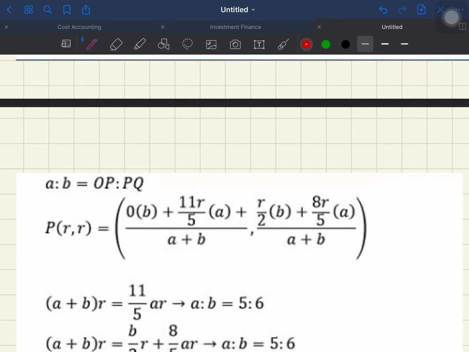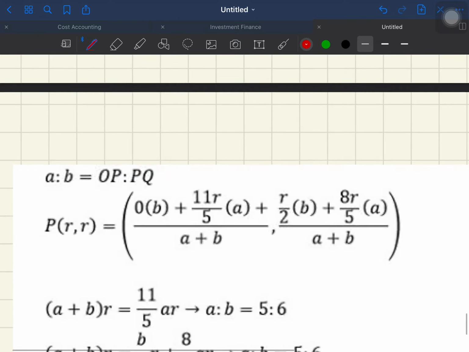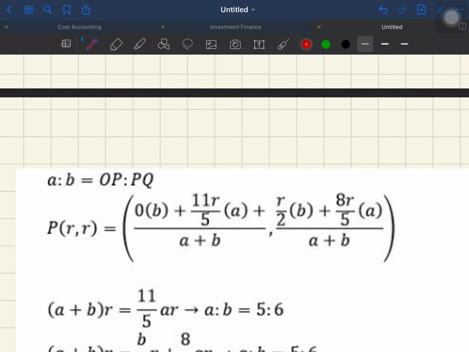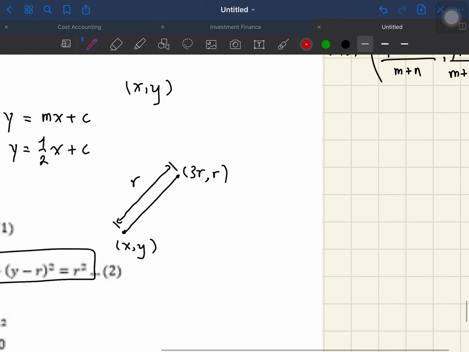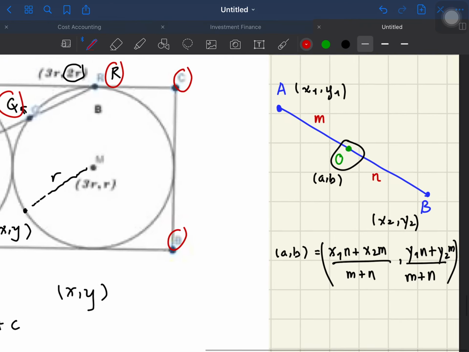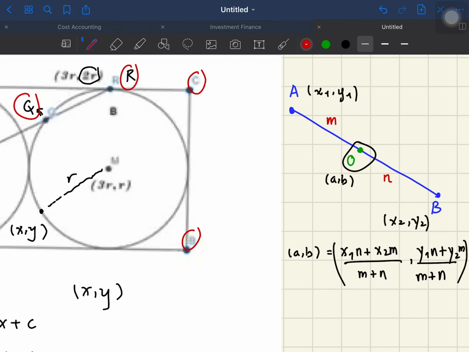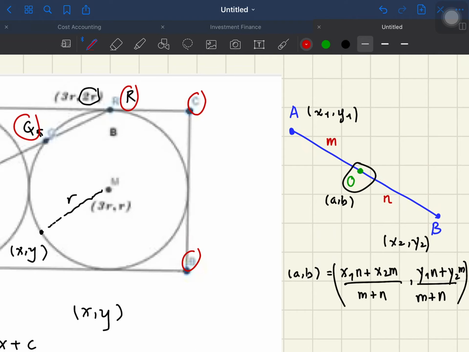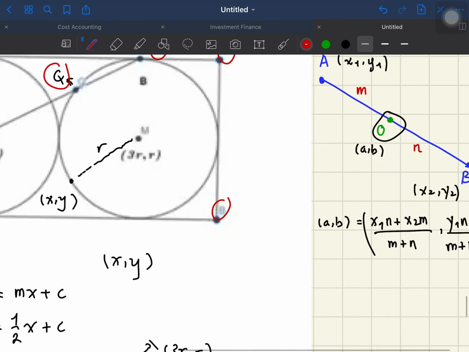So we find the ratio of A to B, which is OP to PQ. Now, we know the formula, just recall back the formula. When we have the divider O between A and B, we're able to find the coordinate of O if we have the coordinates of A and B, and also the ratio m and n.